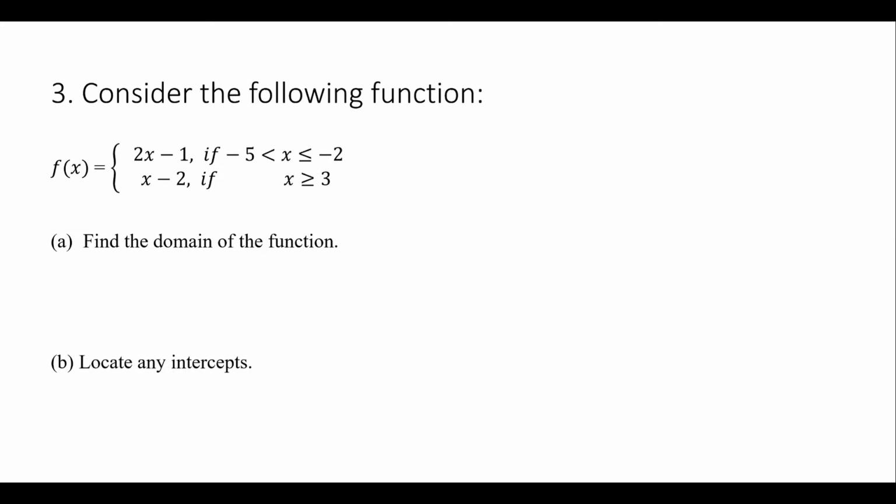If you have a hard time imagining this, always draw a number line, because that really does help to visualize this. So here's our number line, negative infinity to infinity. We've got some points of interest: negative 5, negative 2, and positive 3. The problem has a definition for x's that are between negative 5 and negative 2.